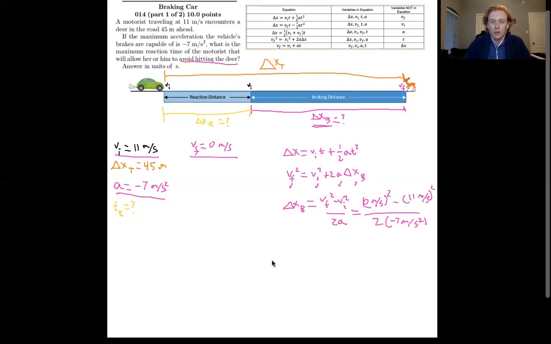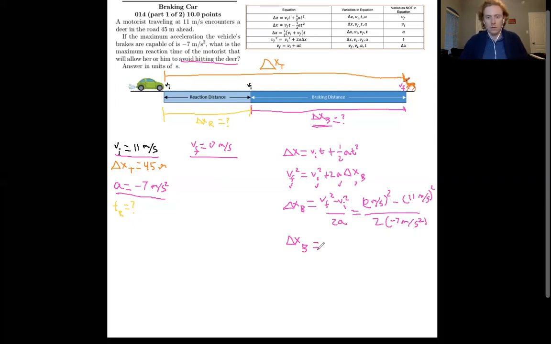So we can put all of that together, and we know that delta x sub b, or our braking distance, is going to be, let me get a calculator here. I get 8.64 meters.